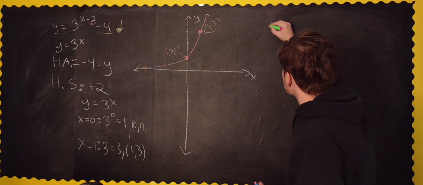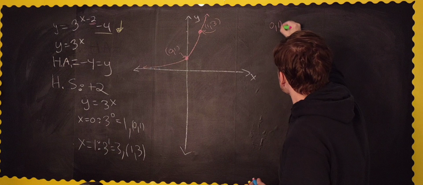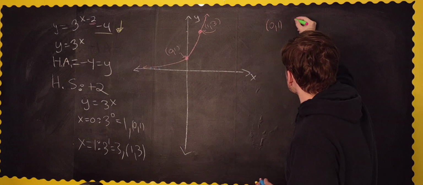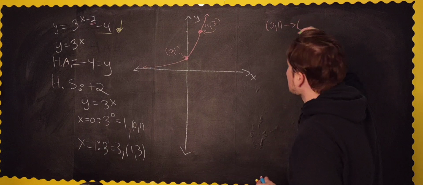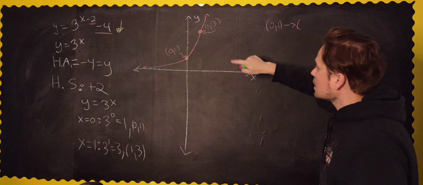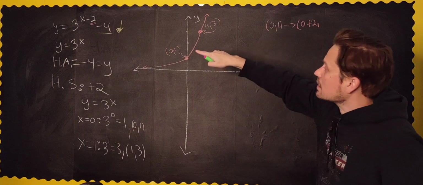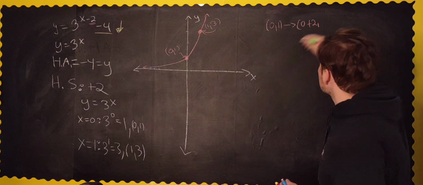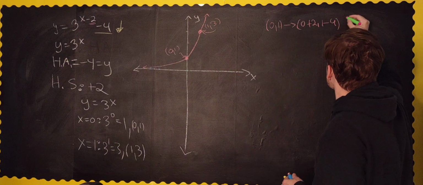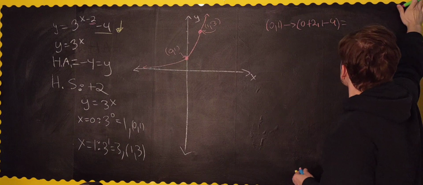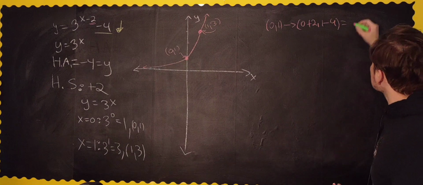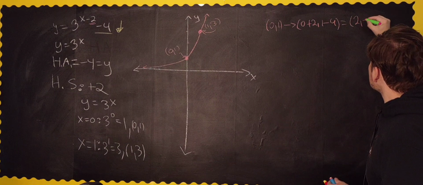I'm going to take the point 0, 1. Add 2 to the x, so it's going to be 0 plus 2. And the negative 4 means subtract 4 from y, so it's going to be 1 minus 4. So the new point will be the point 2, comma, negative 3.